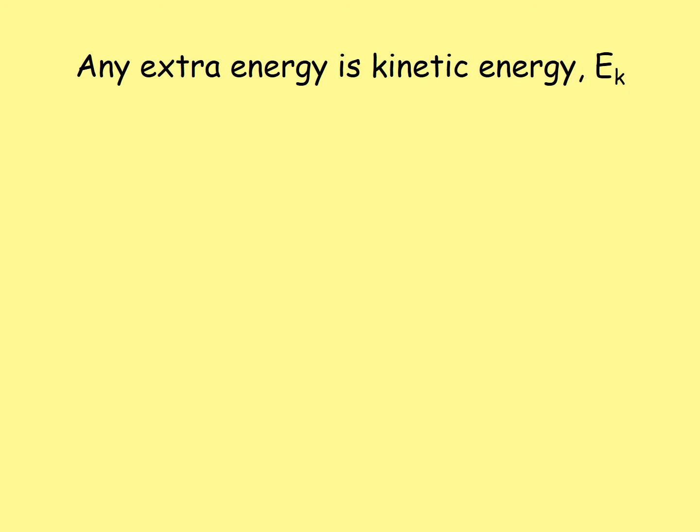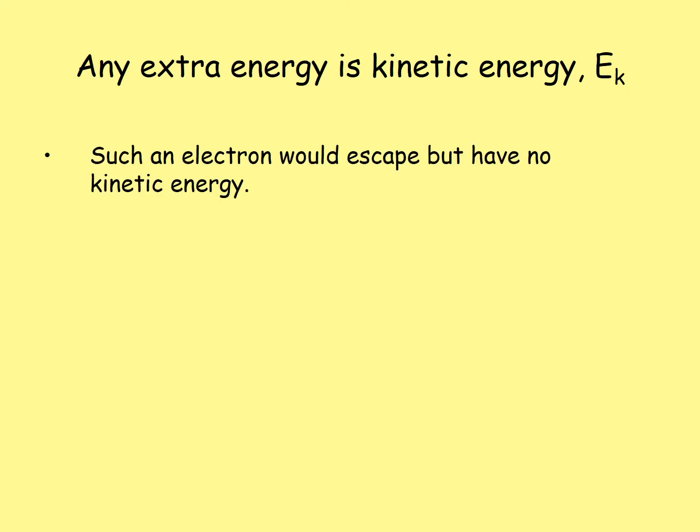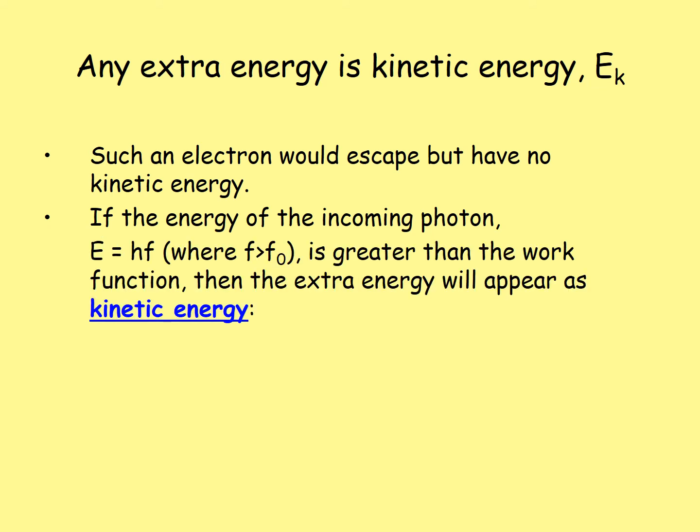That energy cannot be created or destroyed, so it has to go somewhere, and it goes to the electron to give it additional kinetic energy. And of course, if it has additional kinetic energy, it's going to move faster. So if the energy of the incoming photon, remember that E equals hf, is such that the frequency is greater than the threshold frequency, then the extra energy will appear as kinetic energy.